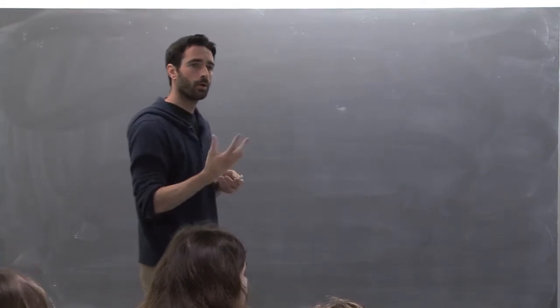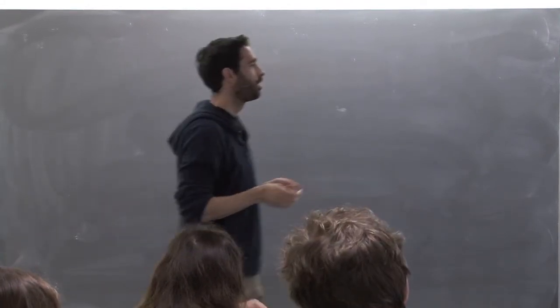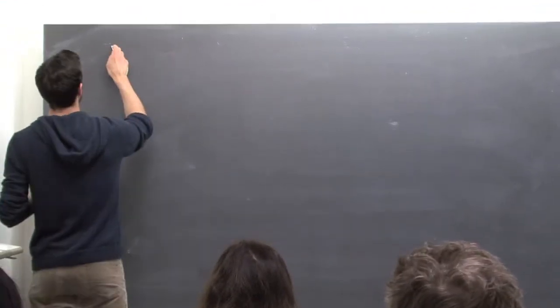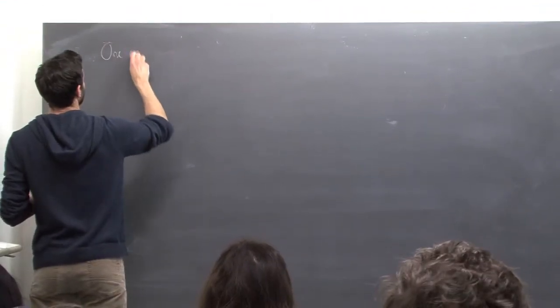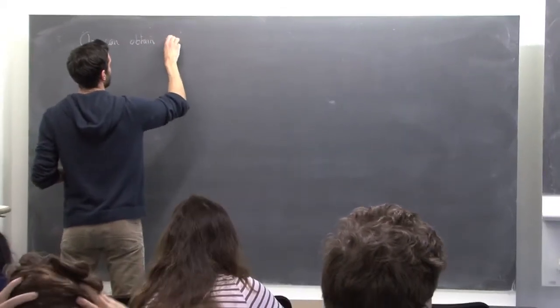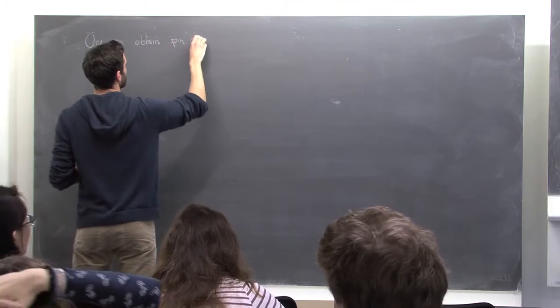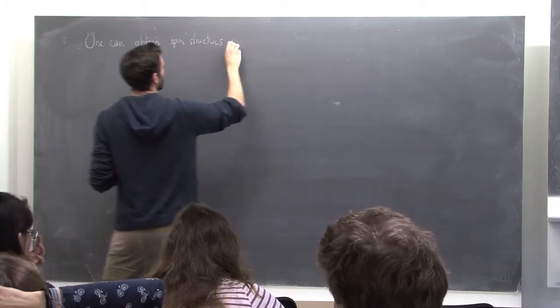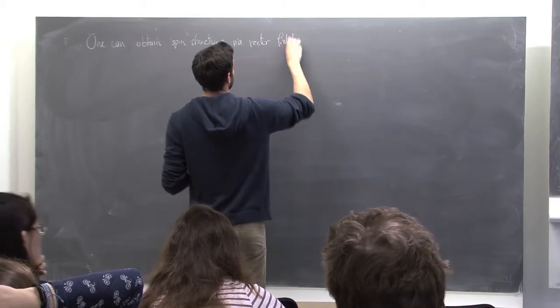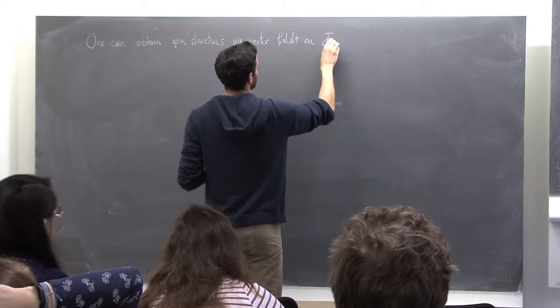So the question is, how can you give yourself a spin structure? How can you encode such a thing? There is a way. It's via vector fields. One can obtain spin structures via vector fields on the surface.